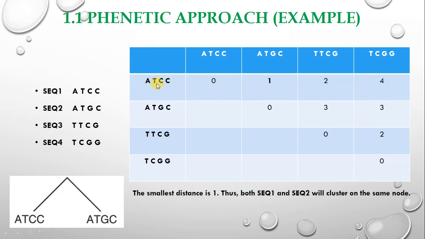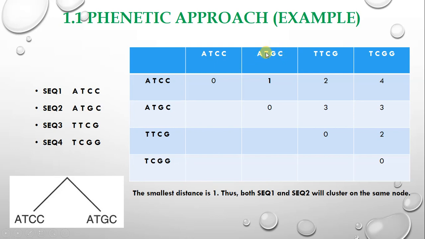Now when ATCC is compared to ATGC, there is one distance. How? If you compare these two, A with A, T with T, C with G on the third position, so they are apart by one mutation, G and C, and the fourth one is again C and C.